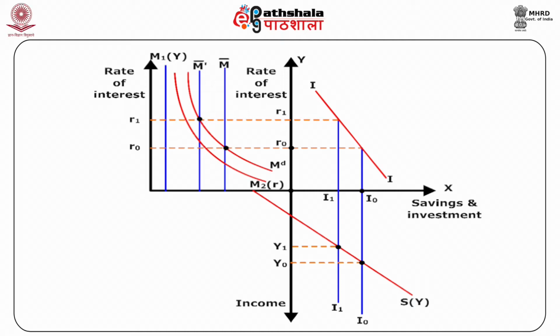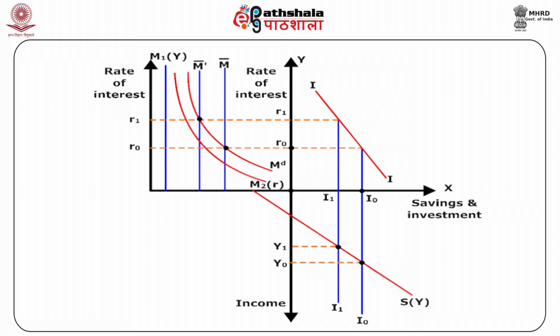Now, suppose we borrow this rate of interest R0 and take it into the capital market. Then when the rate of interest is R0, the volume of investment would be I0. As we have explained, the level of the investment function II is given.